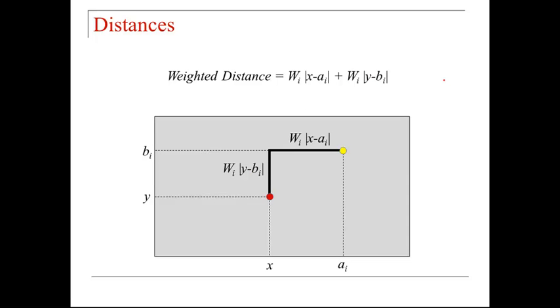So the weighted distance is basically multiplying the weight, which is again the same weight for those segments. You're going to multiply the weight times the horizontal distance, plus the weight times the vertical distance. And that's going to give you the weighted distance.